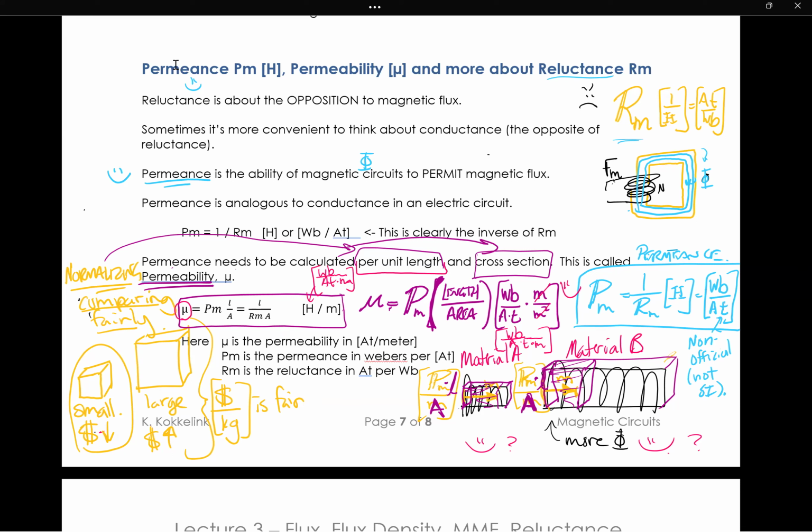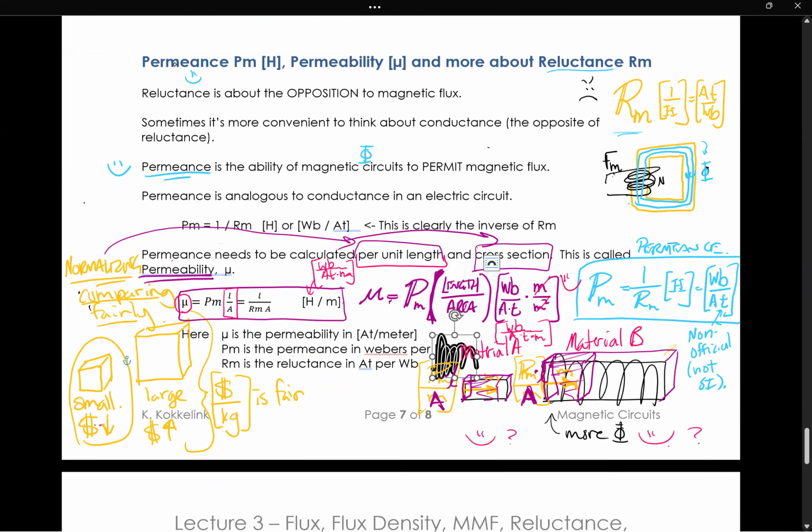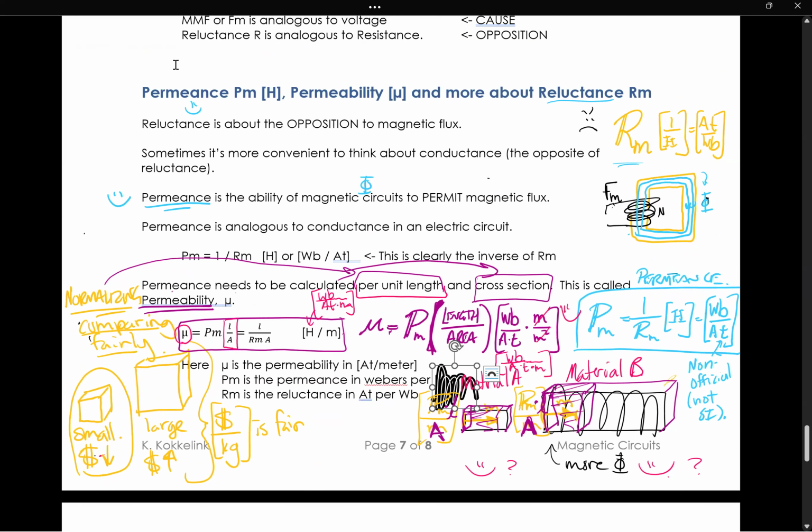So it is just going to be our regular permeance multiplied by our factor of length over area. And if we remember that permeance is 1 over reluctance, then it is length over area times 1 over Rm, just because of the relationship between PM being the inverse of Rm.